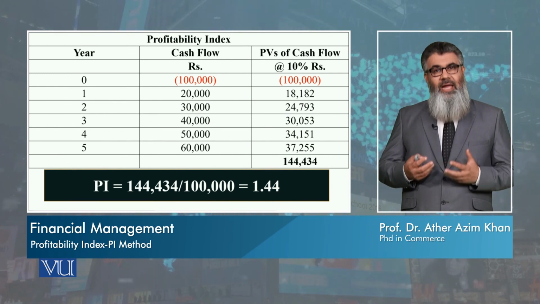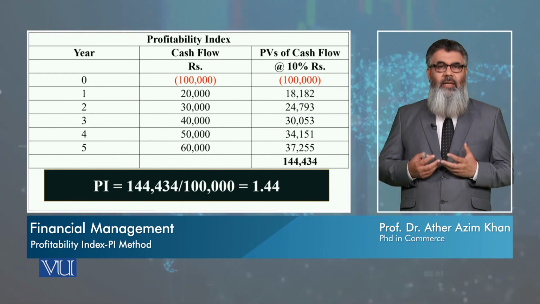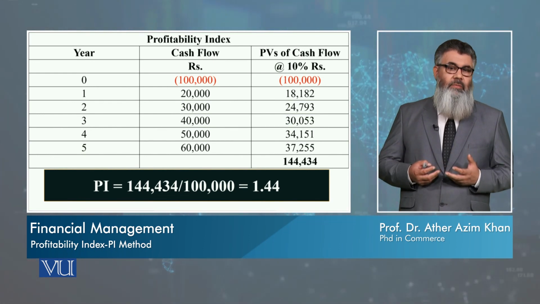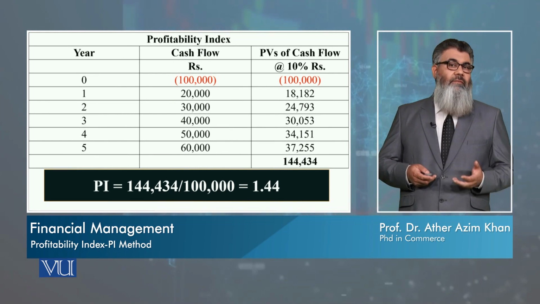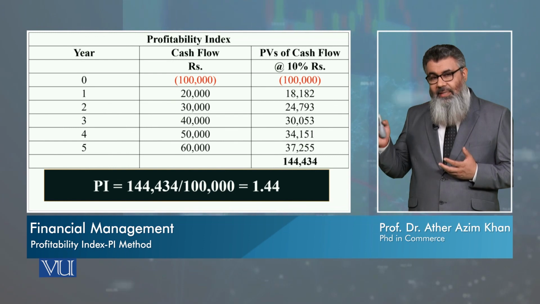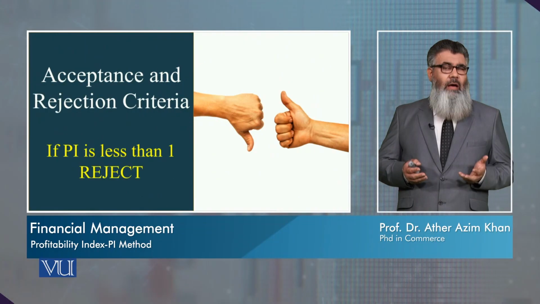Here we divide this 144,000 with the outflow, and that is 100,000. So we get a ratio. So we get a value of index, and as you can see that this value of index is 1.44.